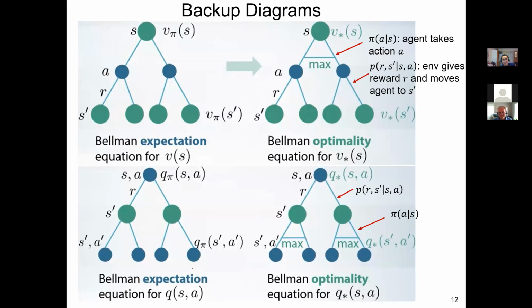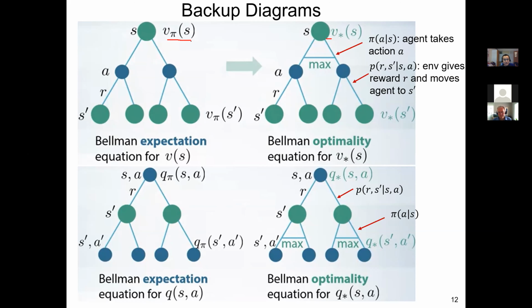Backup diagrams are very helpful in understanding Bellman equations. You can think of the big green circles as the agent in state s, with either an expectation for a fixed policy or a maximum for optimal value and policy.